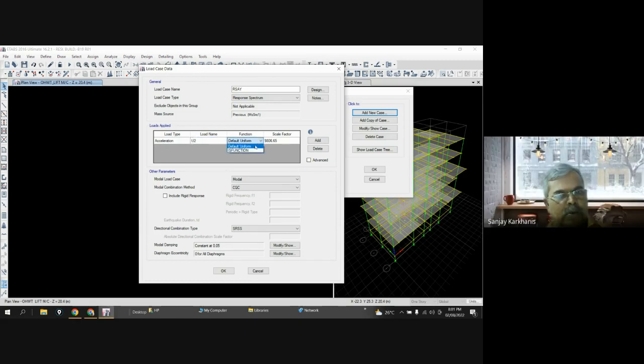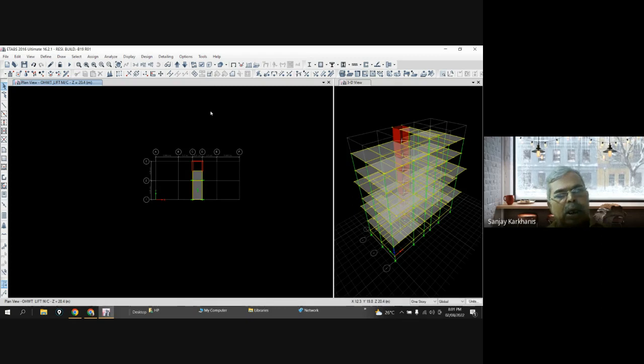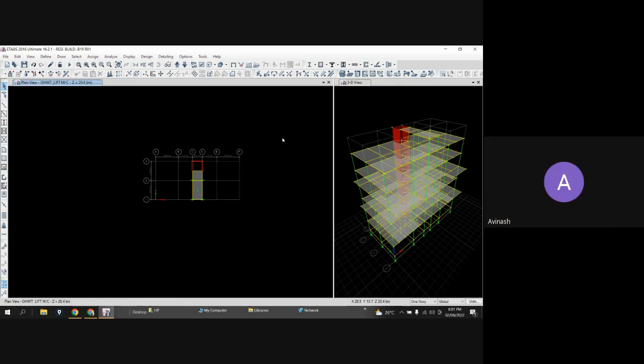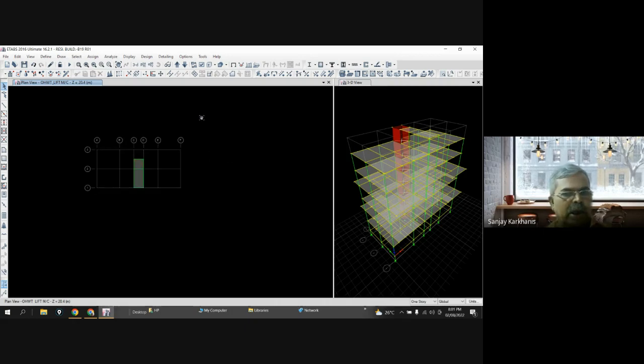Here I will go for IS function 1, and this one I will change to 1000. Okay. Then remaining things as it is. Click OK. Clear? Yes, sir. Now after this you don't have to do anything more. Right now, yes, sir.